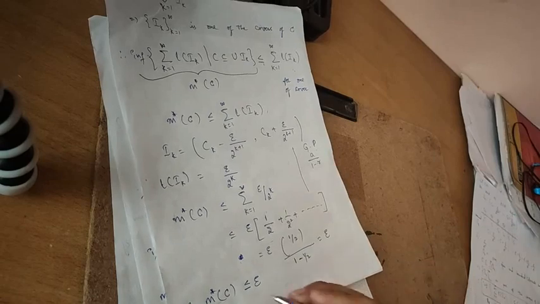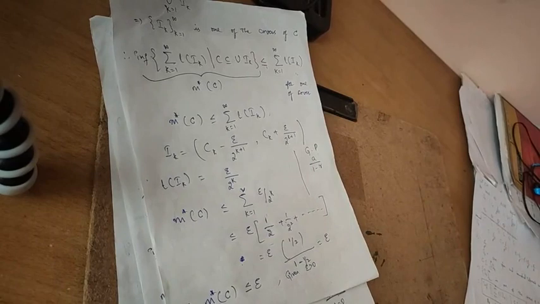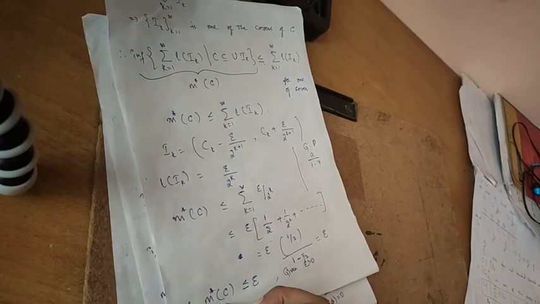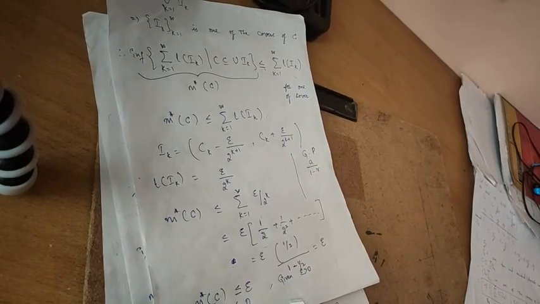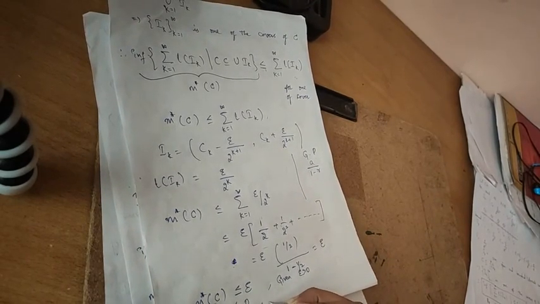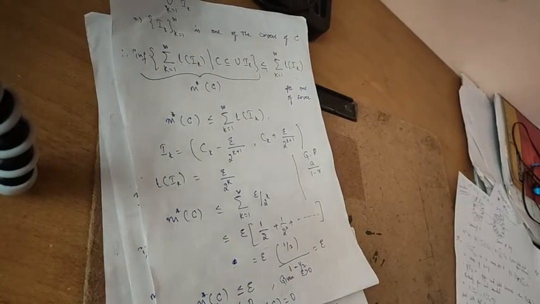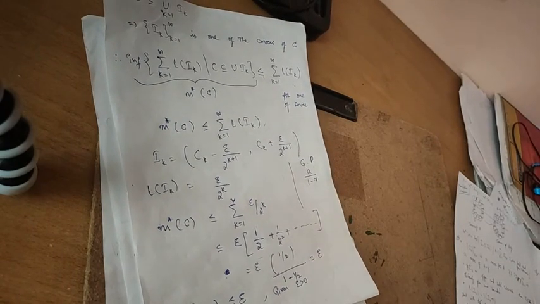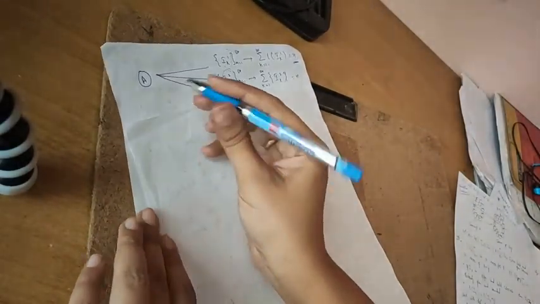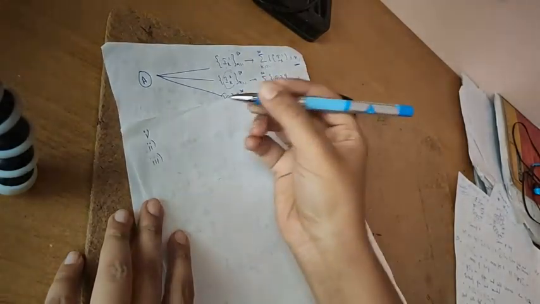Since epsilon is arbitrary, that is the given thing, epsilon is greater than 0, m star of C will be less than or equal to 0. Since m star cannot be negative, m star of C will be equal to 0. So these are some of the properties of Lebesgue outer measurable sets. Now in the next session I will discuss 3 properties which m star should satisfy.